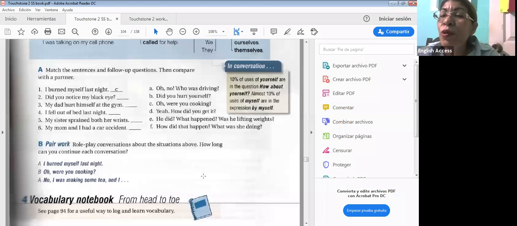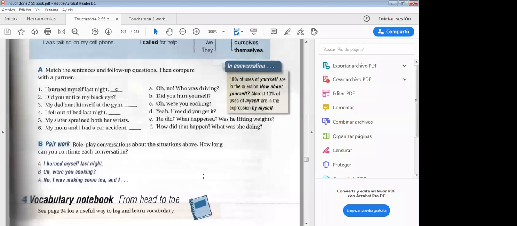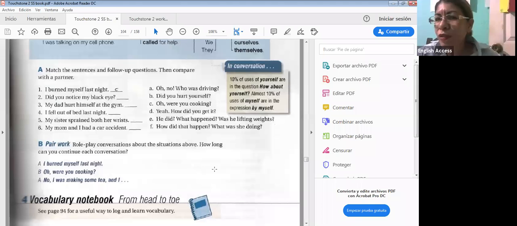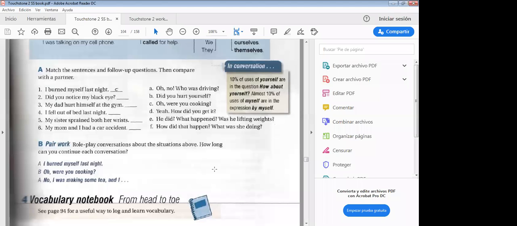But it says, who was driving? Who was driving? My mom drove.